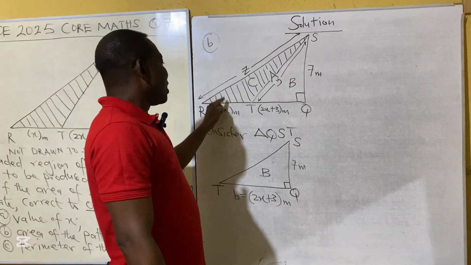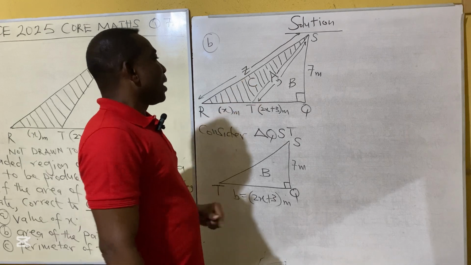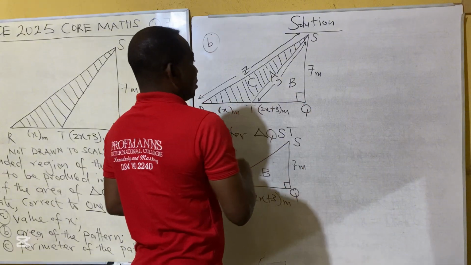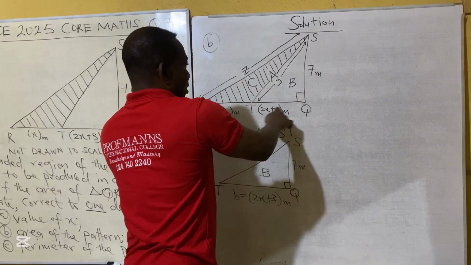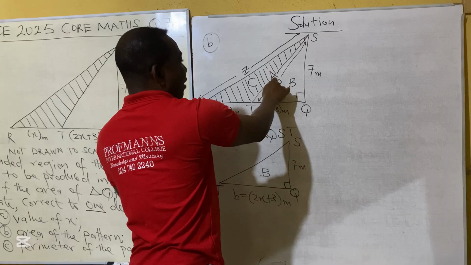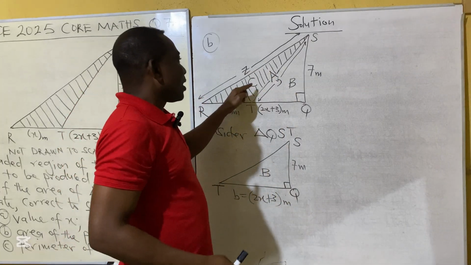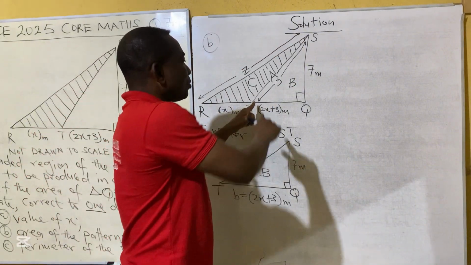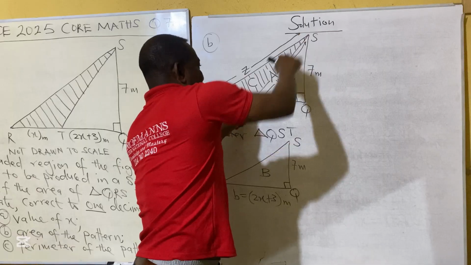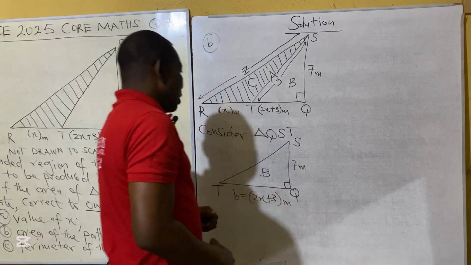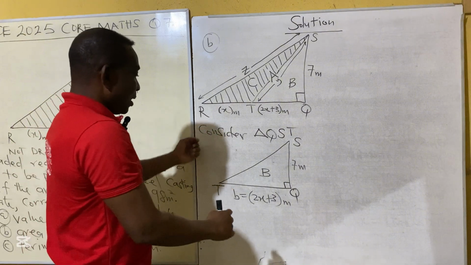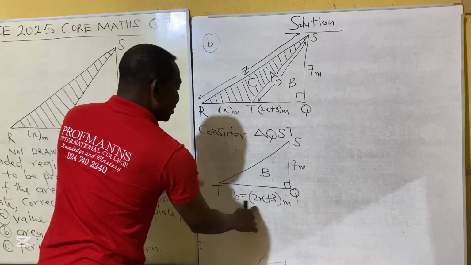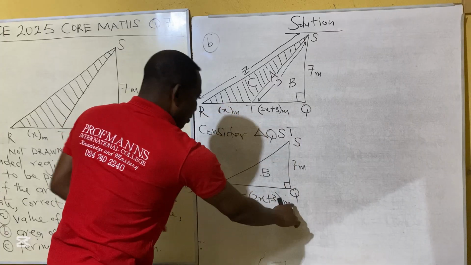I labeled the shaded region, that is the pattern, to be C. The smaller right angle triangle I labeled to be B, and the whole big right angle triangle to be A. The hypotenuse of the bigger triangle I labeled Z, and the hypotenuse of the smaller triangle I labeled Y. So I have extracted the smaller right angle triangle, B, to be this.